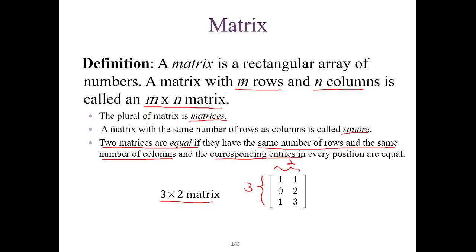That means if we have one 3 by 2 matrix and another 3 by 2 matrix, the first thing is the number of rows and the number of columns should be equal, and then each element or each entry should be equal. Then these two matrices are equal matrices.